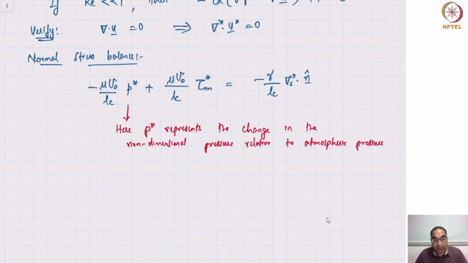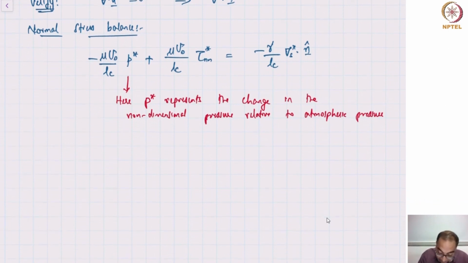Note that if I have to write it down systematically, I would have a P infinity above, a non-dimensional version of P infinity. Either you can redefine P star as P minus P infinity, or without any loss of generality, you can also set P infinity to 0.